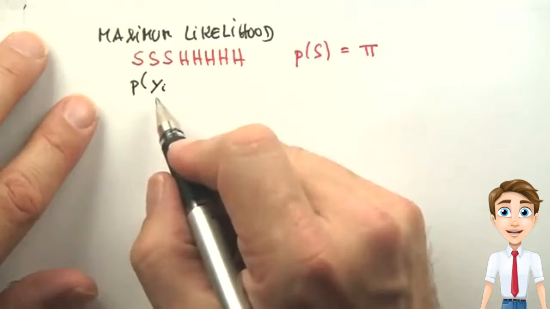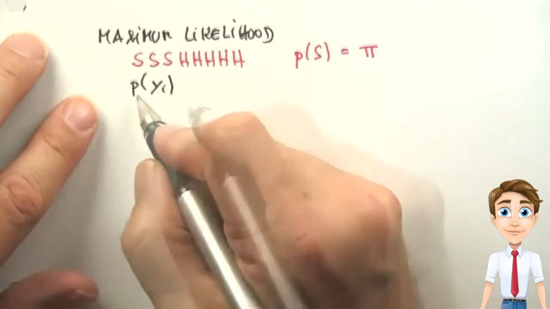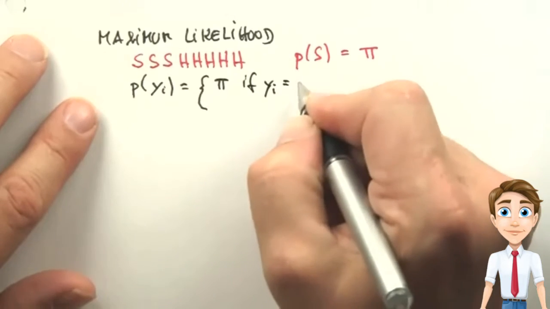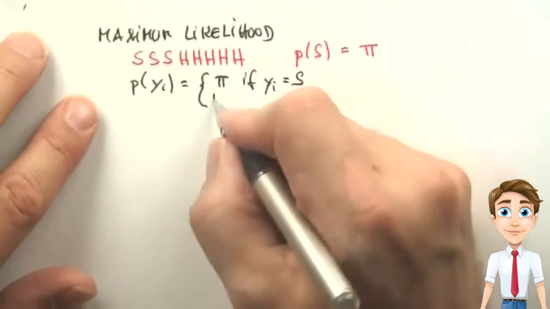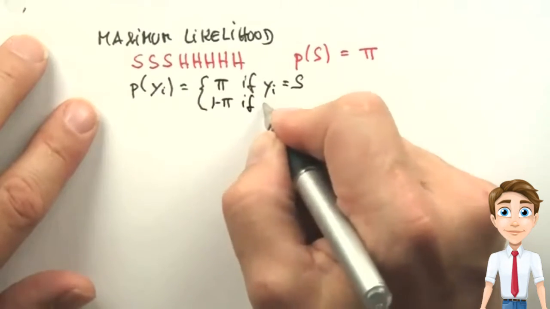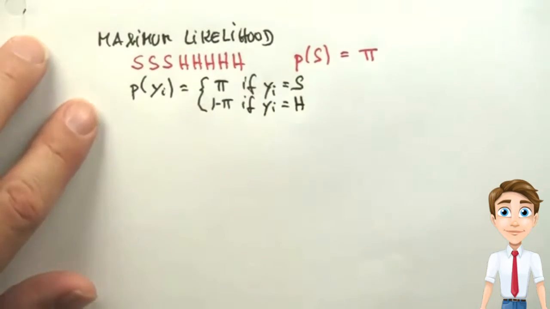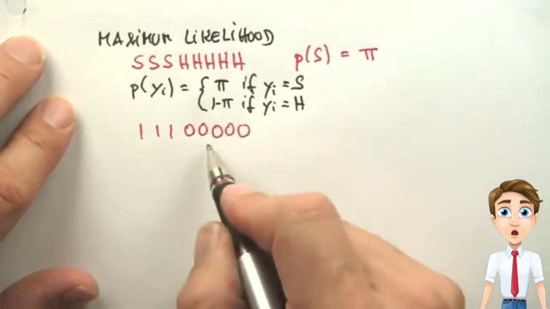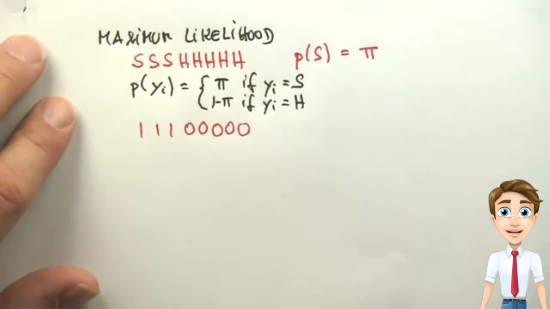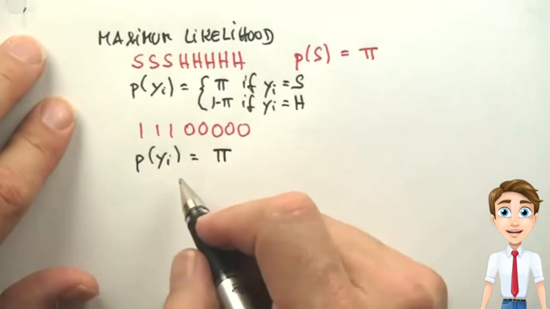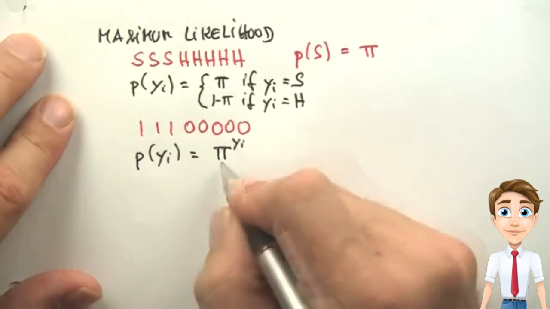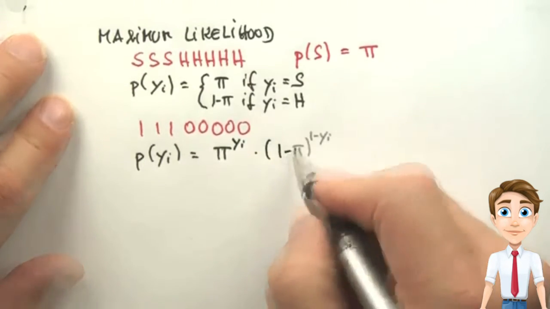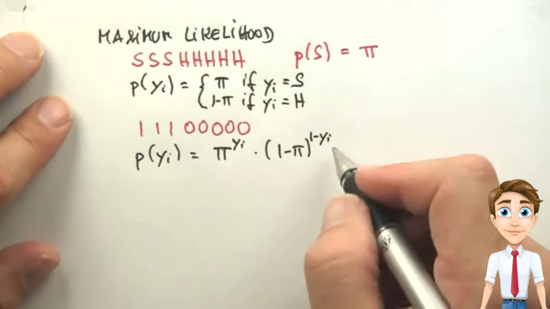The probability of the ith data item is then pi if yi equals spam, and 1 minus pi if yi equals ham. If we code the data as 1, 1, 1, 0, 0, 0, 0, 0, we can write the probability of the ith item as pi to the yi times 1 minus pi to the 1 minus yi.